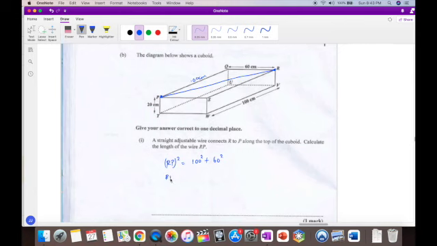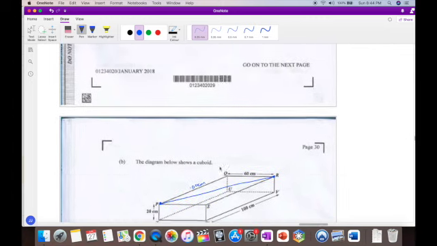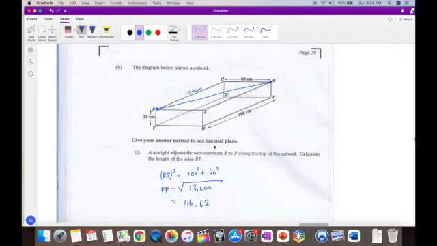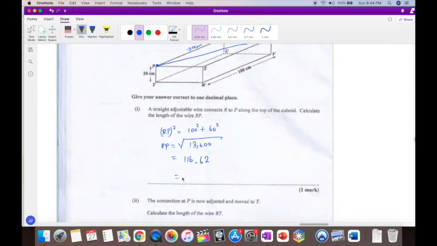So RP is going to be the square root of 100 squared plus 60 squared, which is 13,600. So the square root of that is about 116.62. They did say correct to 1 decimal place, so let's call it 116.6 centimeters, right?